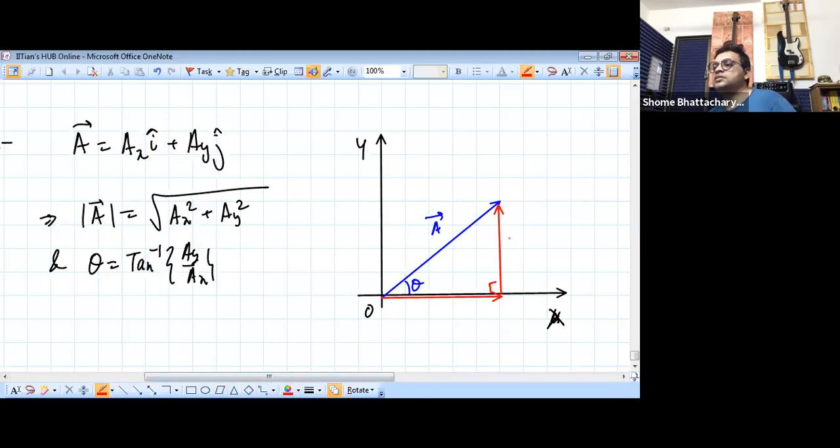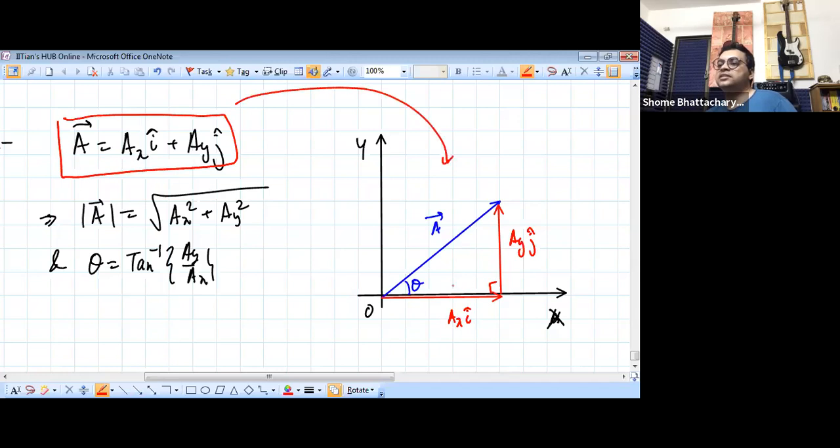So in terms of vector algebra, this vector is Ey j cap and this vector is Ex i cap. And that's why you can see that the vector E is the sum of these two. You can see that in the diagram. And just in terms of geometry, the hypotenuse of this triangle is the magnitude of the vector E. The perpendicular of the triangle is Ey and the base of the triangle is Ex. So you can see that Pythagoras theorem is also shown this and trigonometry is shown this.